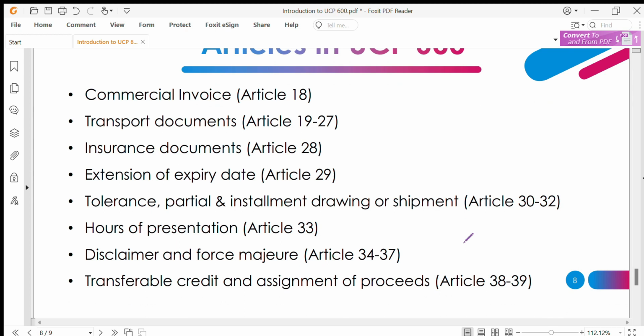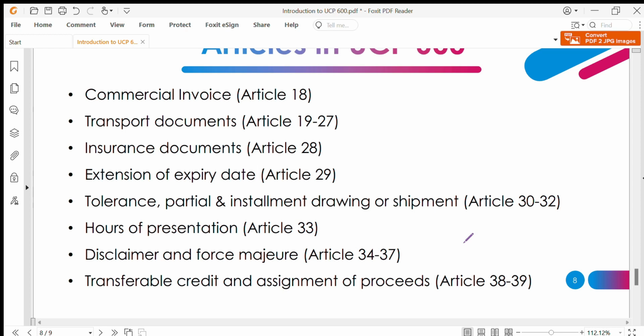Articles 19 to 27 talk about various transport documents. It can be a sea related transport document, air related transport document, or multimodal transport document. All those transport documents are dealt with in Articles 19 to 27, which is also an important part of UCP 600.